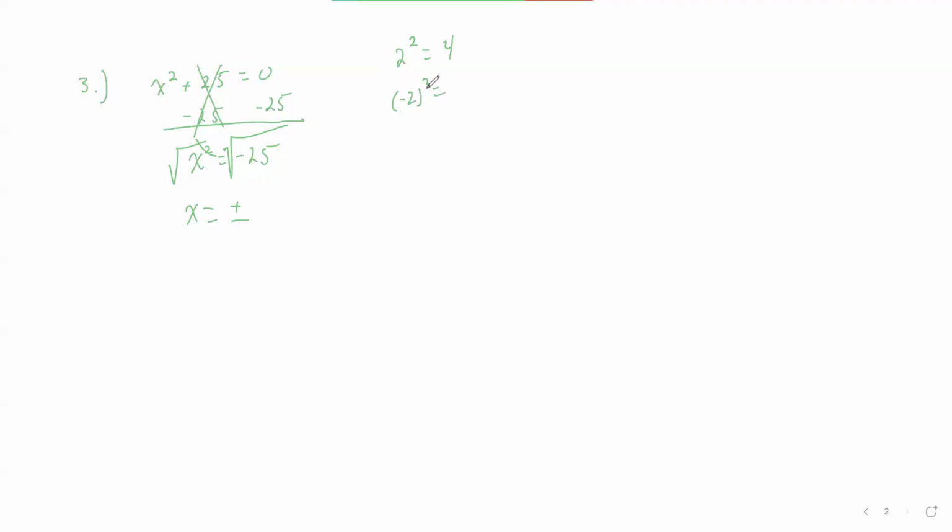It'd be positive 4 because that'd be negative 2 times negative 2. Two negatives actually make a positive. So the reason we do this plus or minus is because we actually don't know if the answer is a positive or negative. So anytime you take the square root of something, we'll add a plus or minus to the beginning of our problem. Now we can express this just like we did in chapter 15.